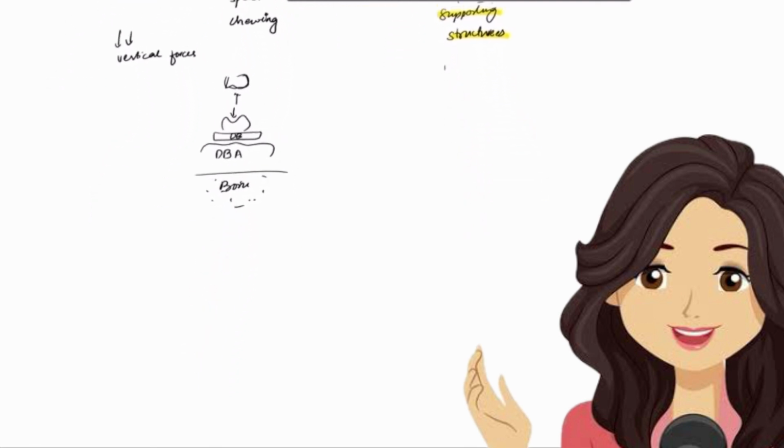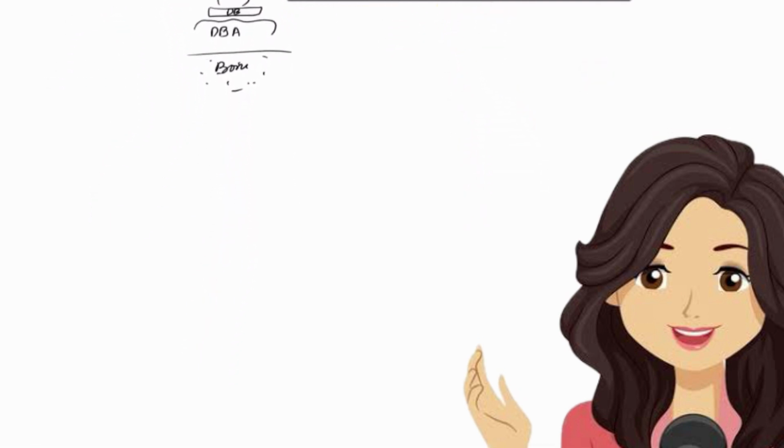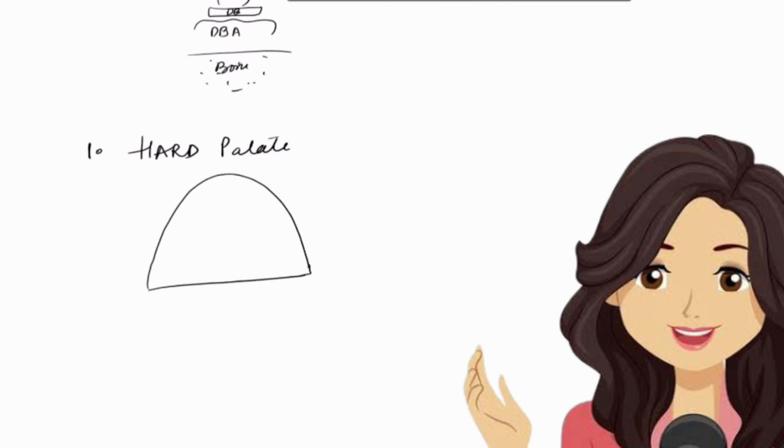Now looking at which structures will give you support, the first structure in maxilla which gives support is the hard palate. So if you see a maxilla in a section like this, basically it is a union of two bones. So this will be one maxilla, this would be the other maxilla, and the union happens at the mid-palatine suture.